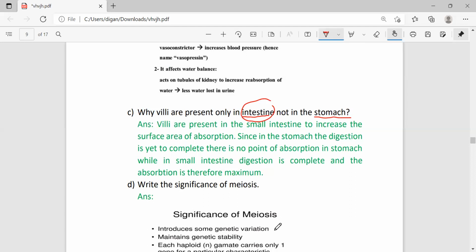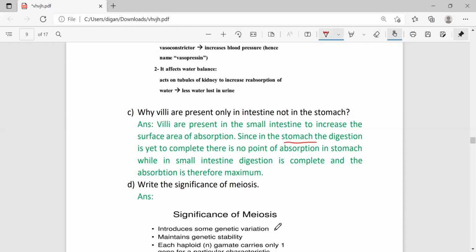Due to the presence of the villi, the absorption area of the intestine becomes more. That's why villi are present only in intestine, not in the stomach, and that is written here. Villi are present in small intestine to increase the surface area of absorption.